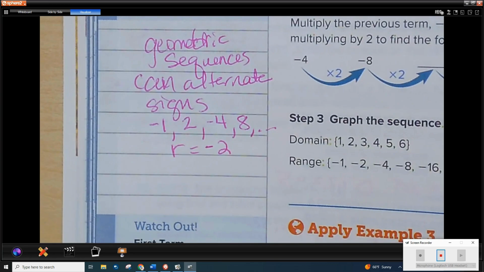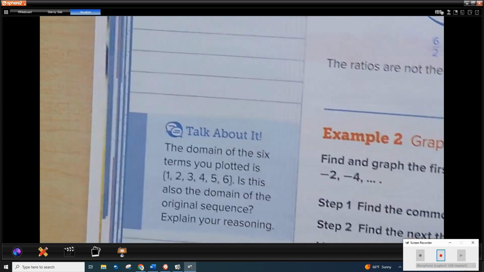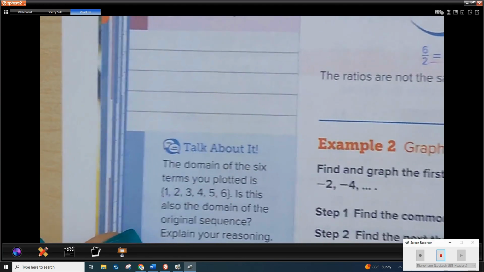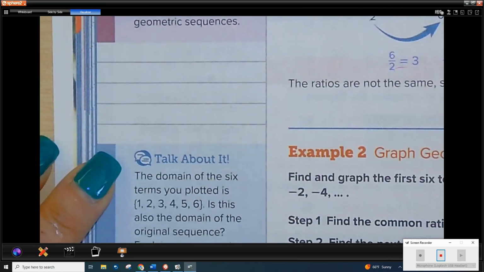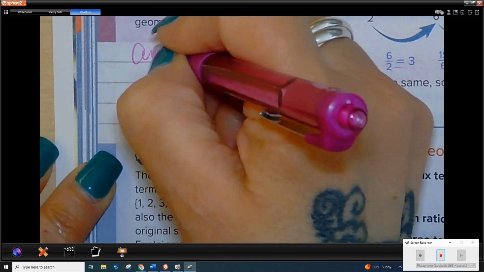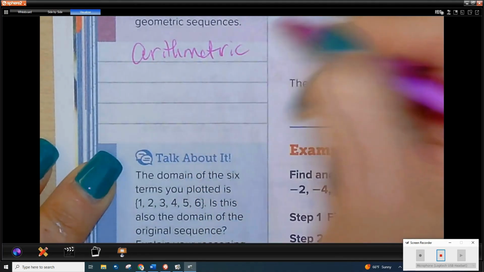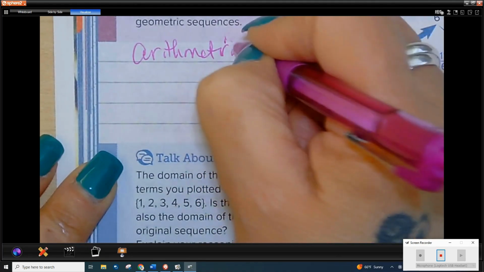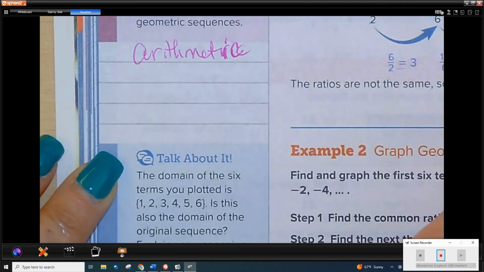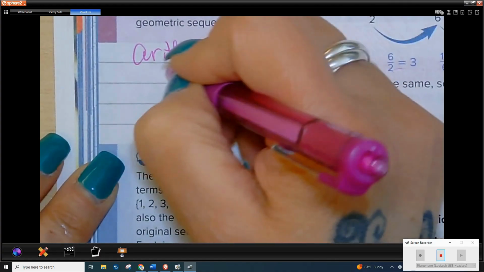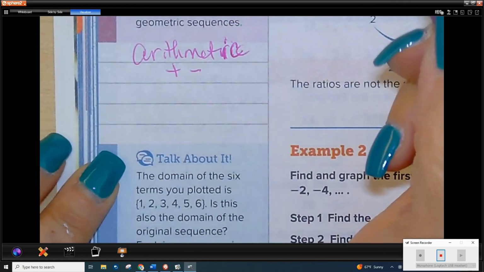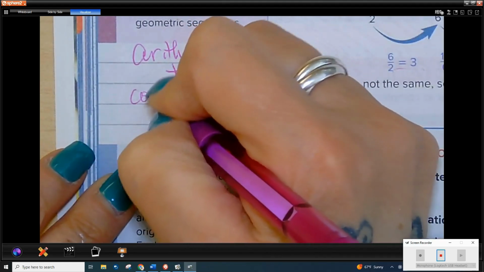The other thing I wanted to tell you was these are all, your book focuses on geometric, which are multiplying. We do have the other type that you did in Algebra 1, arithmetic, and that's when you add or subtract each time. And that's a common difference, not a common ratio.